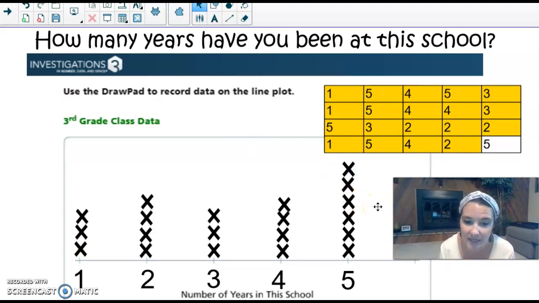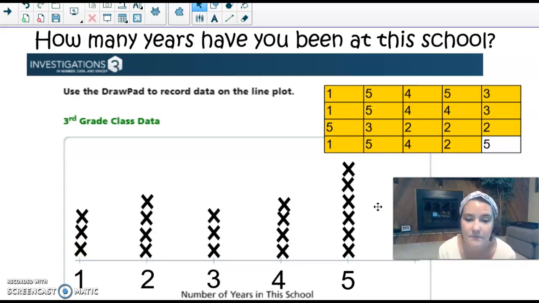So take a minute and analyze what the line plot can tell us about my class and how many years they have been at their school. And remember, analyze, we talk about in my class that means to study and really learn from.